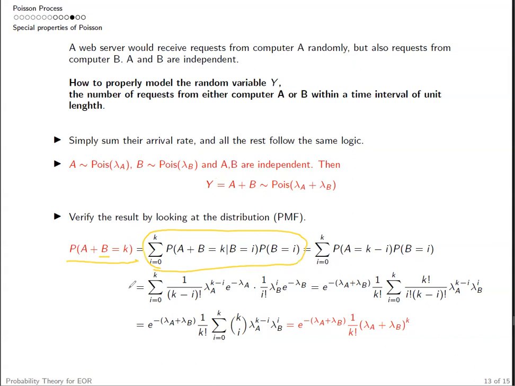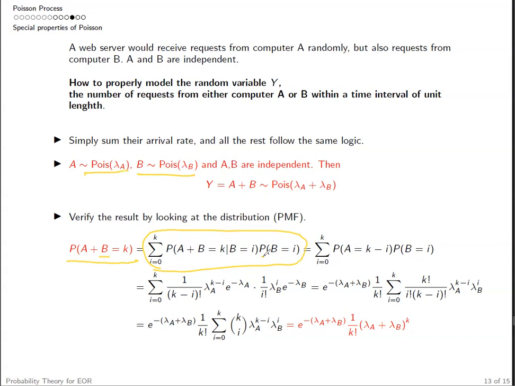It can be anything from 0 to k, because both A and B follow a Poisson distribution counting the number of requests within a time interval, so they only take non-negative integer values.